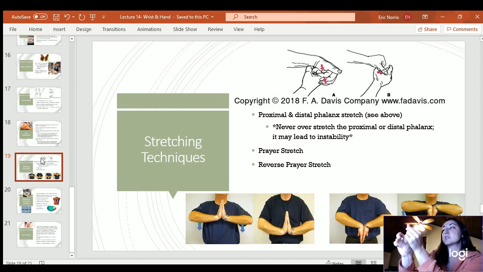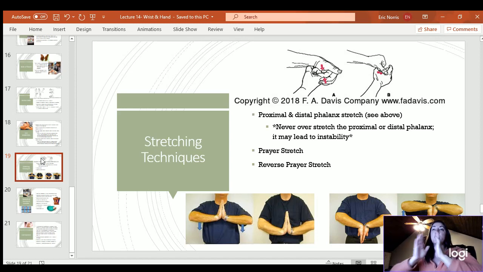I could block just proximal to the distal interphalangeal joint and do a little movement there. You can do stretches specific to where you need it throughout the fingers. Just make sure you do not overstretch the fingers, because then they could become unstable. They could lead to instability.